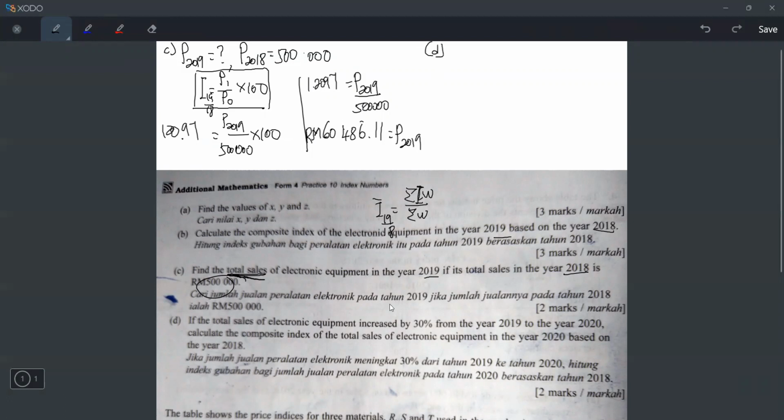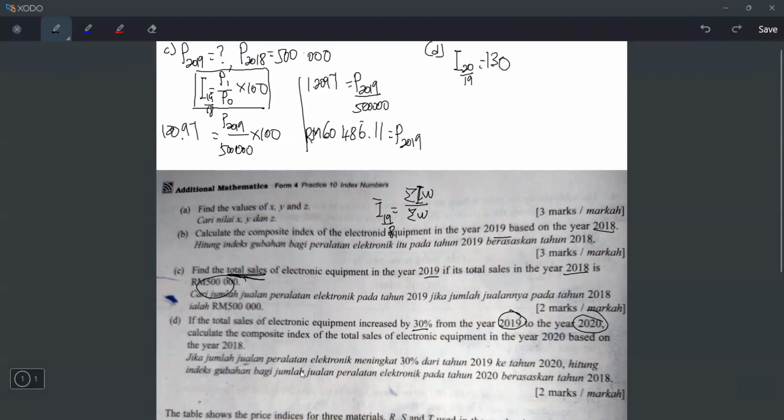Let's continue with D. If the total sales of electronic equipment increase by 30%, this is trying to give you the I lah. So the total sales from 2019 to 2020. My I for 20 over 19 equals to berapa? 130. Yes, you're right.